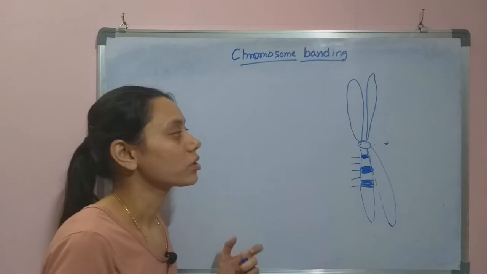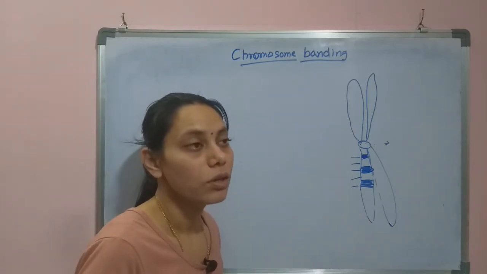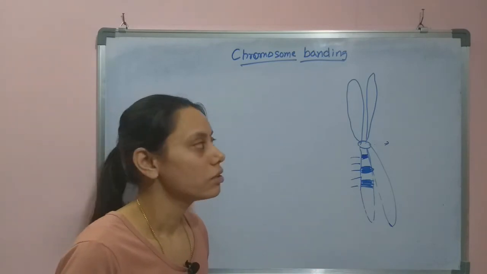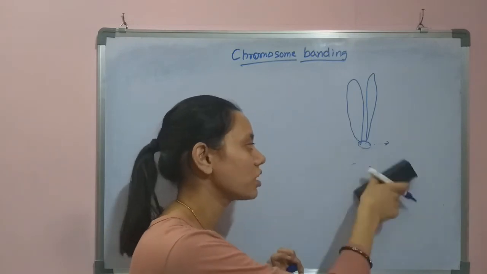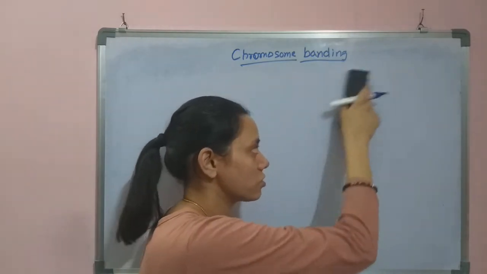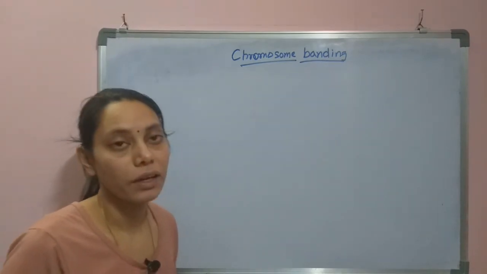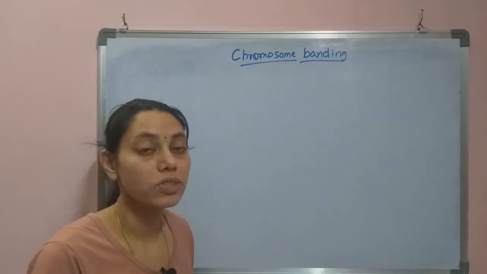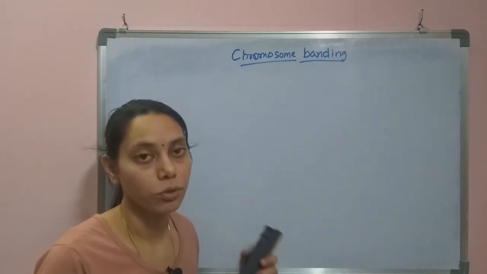So that is what banding is. Such banding patterns on the chromosomes can be visualized using chromosome banding techniques. These are the techniques which can differentiate different regions of the chromosomes. So what is the purpose of banding, why do we need to see such banding patterns on the chromosomes?